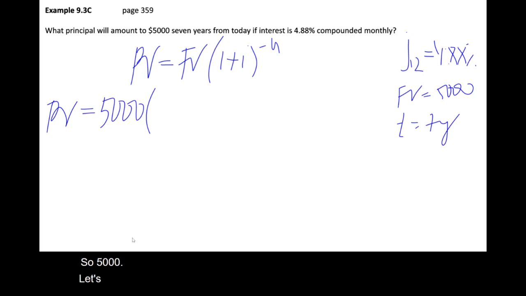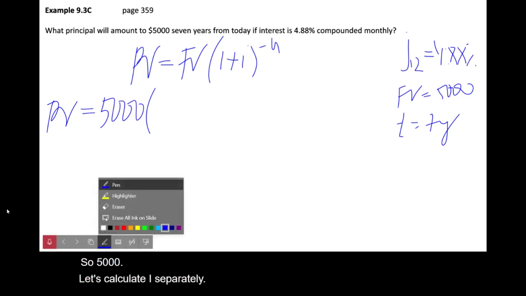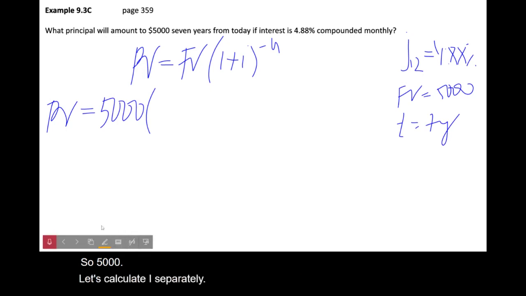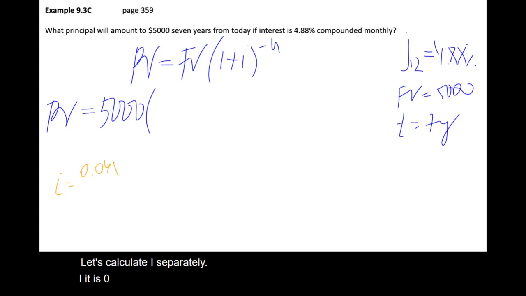Let's calculate i separately. i is 0.0488 over 12, which is 0.00406 per period.